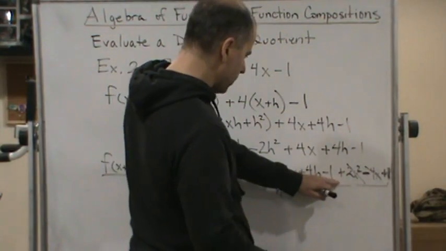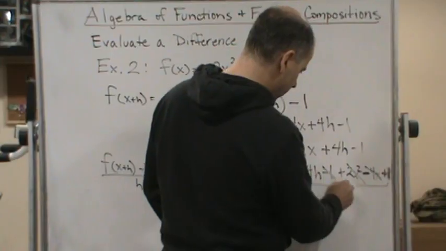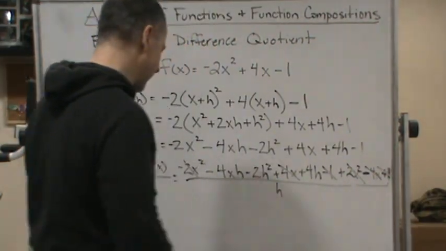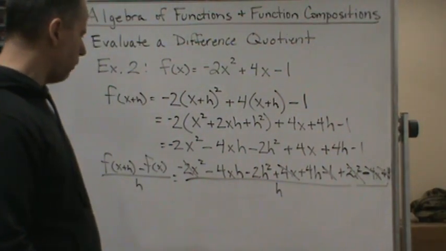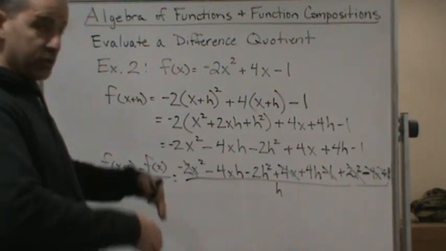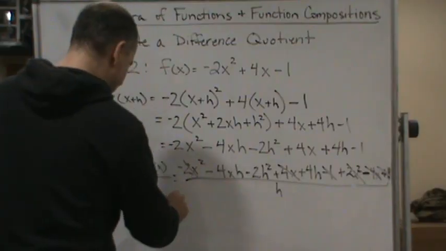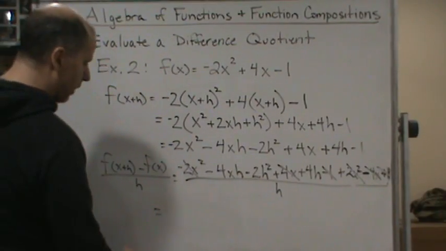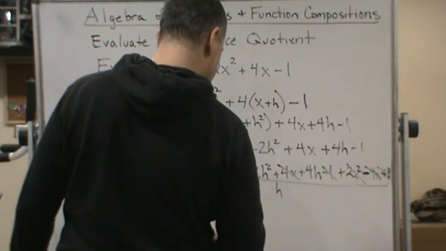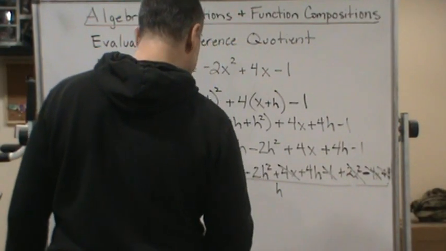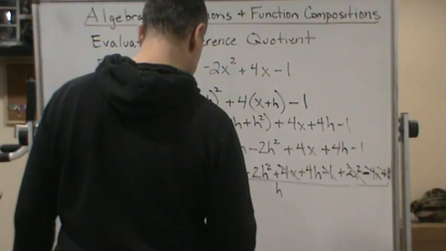And I've got a minus 1 here and a plus 1 here, so those are going to cancel. Now, all the other terms that are left over have an h in them, which is great, because now I can factor out the h. Can I factor out anything else? I can factor out a 2h.